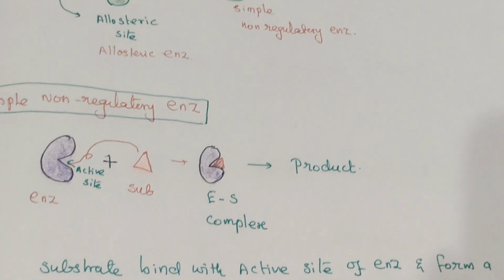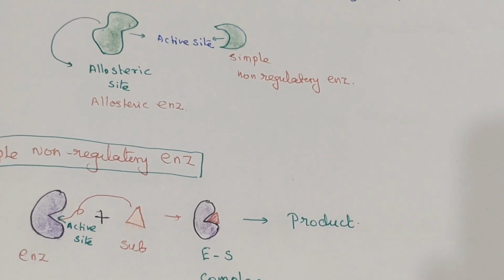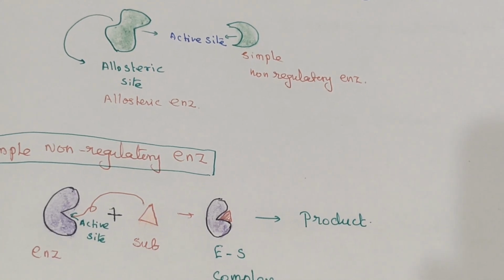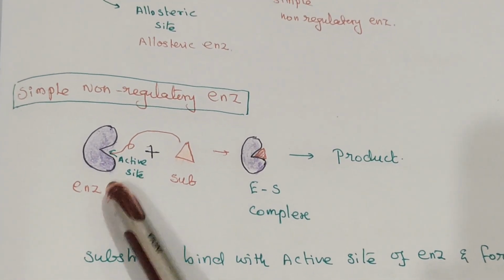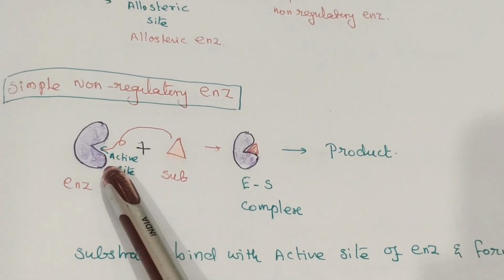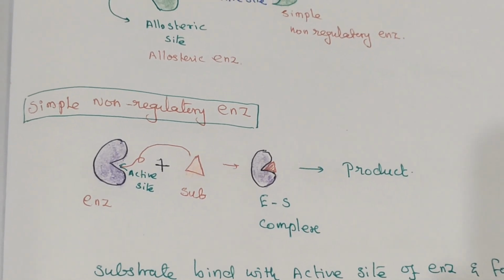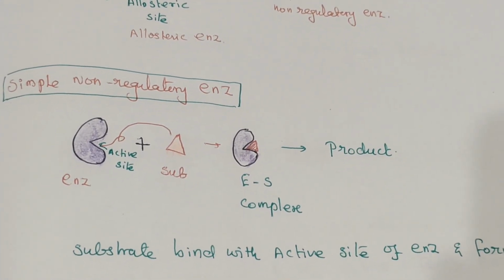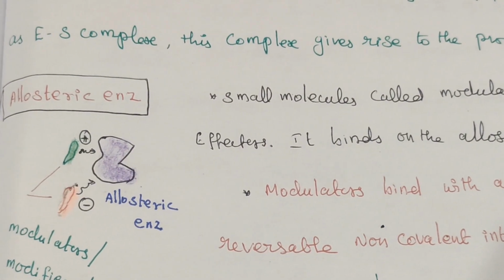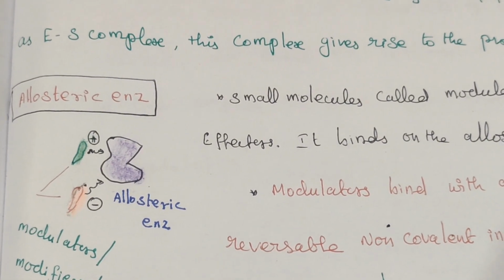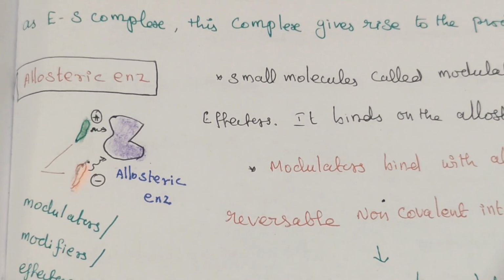We know that in a simple non-regulatory enzyme, the substrate binds at the active site of the enzyme and forms the enzyme substrate complex. So here is the enzyme, here the active site, here the substrate will bind and form the enzyme substrate ES complex. This ES complex gives rise to the product. What binds at the allosteric site of the enzyme, and what is the significance of these molecules?